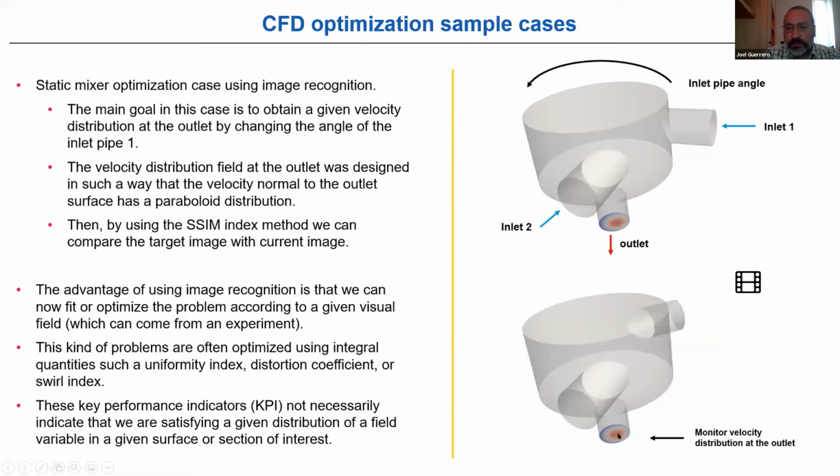We have a given distribution of the velocity at the outlet, so now let's do the optimization. In this case, we're changing this angle, but you can change whatever you want to get a given velocity distribution. This is more sound than using things like the distortion coefficient or uniformity index. It will give you better results.